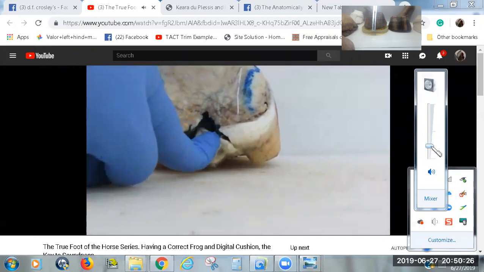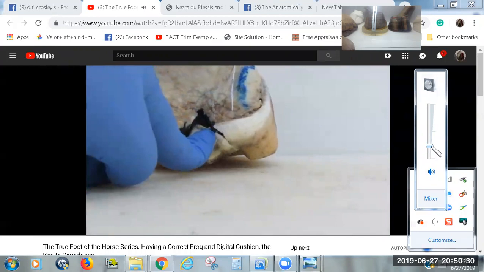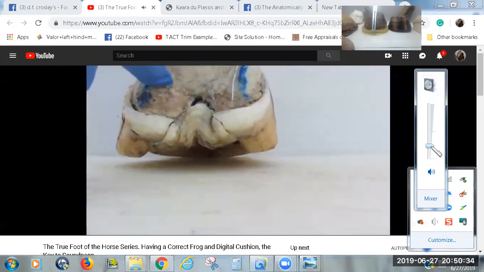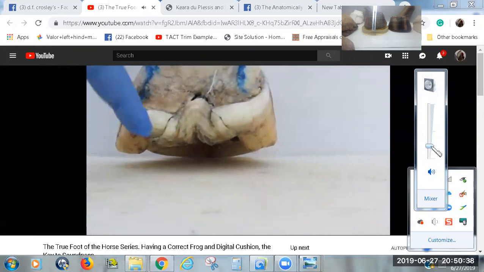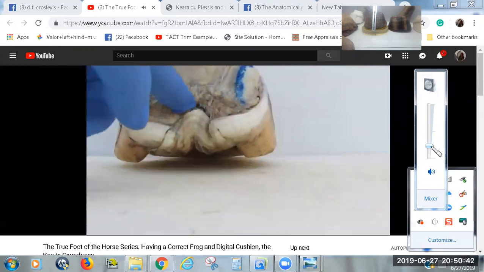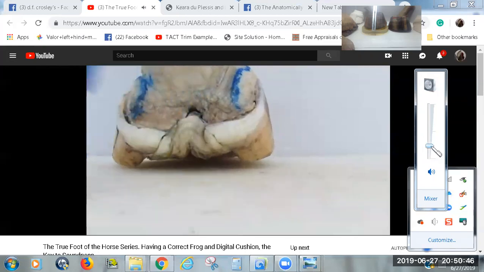If you don't have it, your heels contract. Now the digital cushion is right up above here. It goes from over in here, all across here, in the bulbs area, and underneath the frog, it's frog shaped.